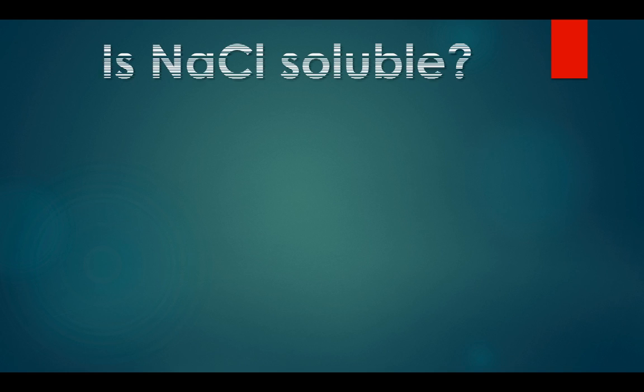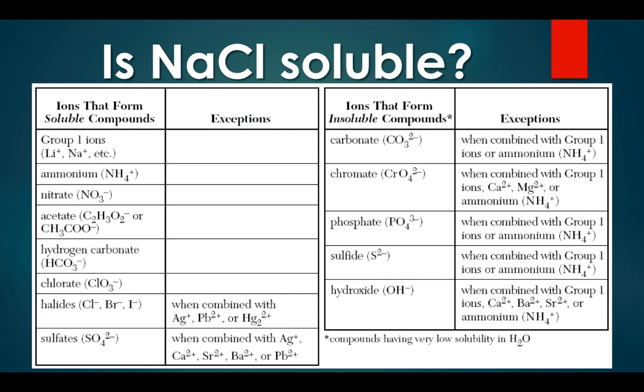We're going to start with sodium chloride, right? Regular old table salt. My guess is you already know what the answer to this question is, but let's use Table F to be sure. If you look at the left box of Table F, you'll see it lists group 1 ions, like sodium.